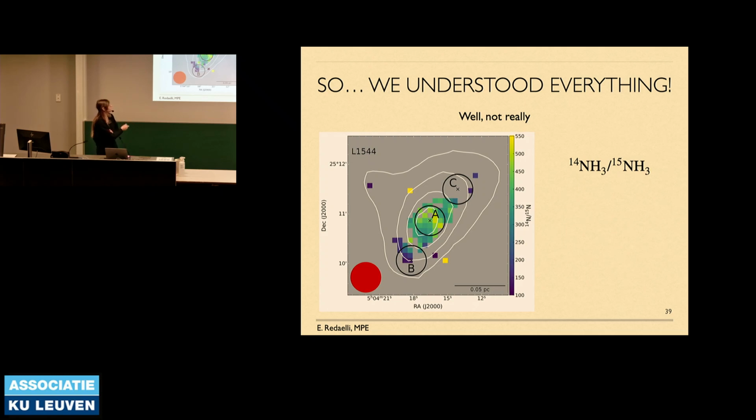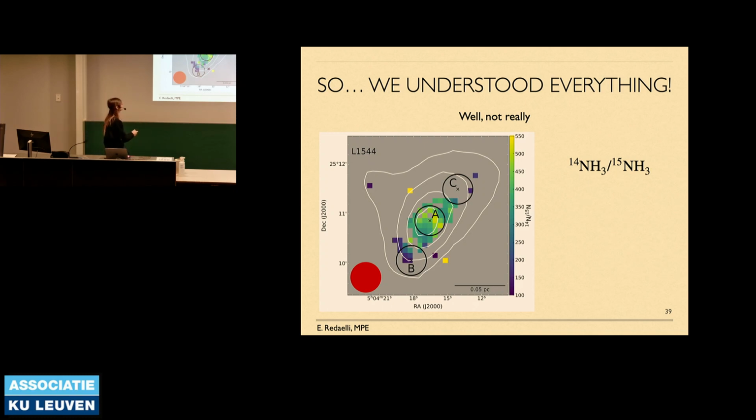But this is L1544 seen in its dust thermal distribution in white, and this is the isotopic ratio of ammonia. As you can see at the center, we are about 400, 500, which is not consistent with the 1000 of N2H+, but it's consistent with the elemental value.